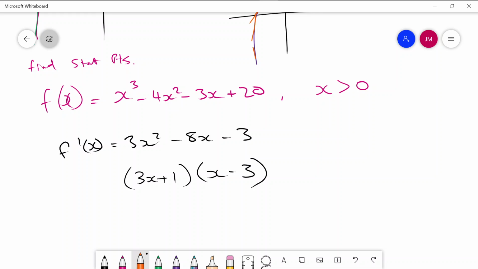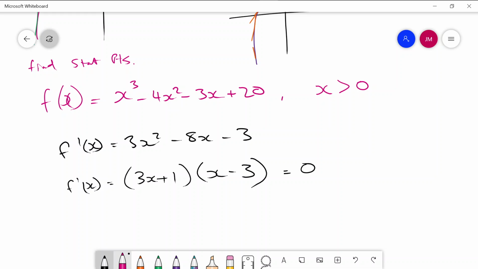Just quickly check that. That will give us 3x squared minus 9x plus x, which is minus 8x, minus the 3. Yep, so that should work. So that's our derivative.